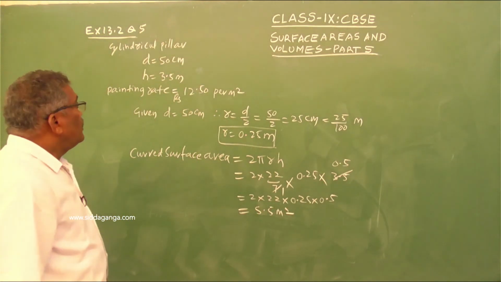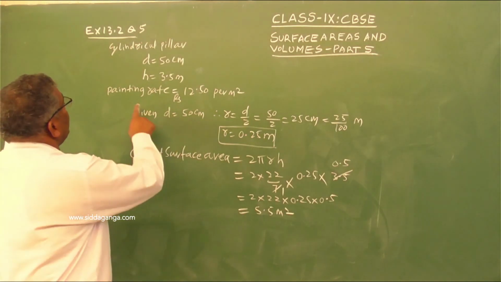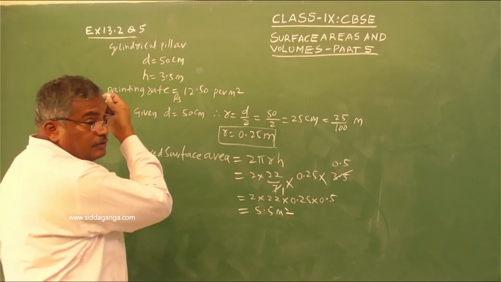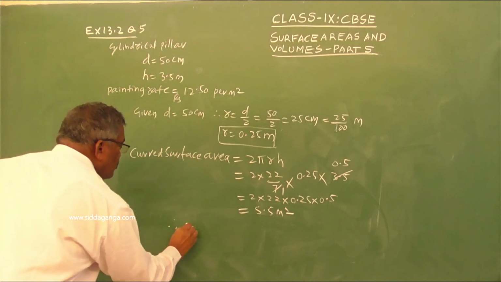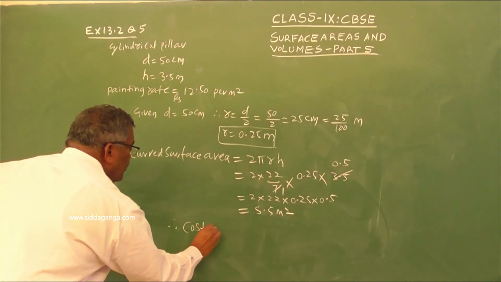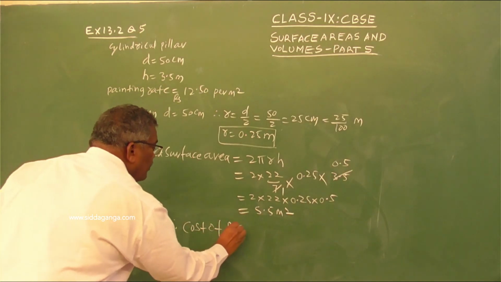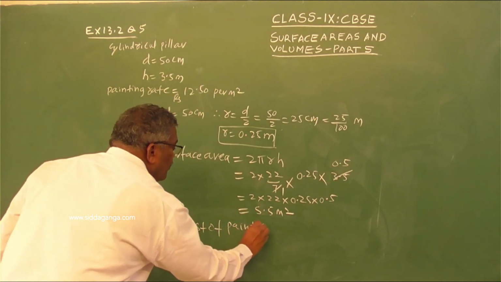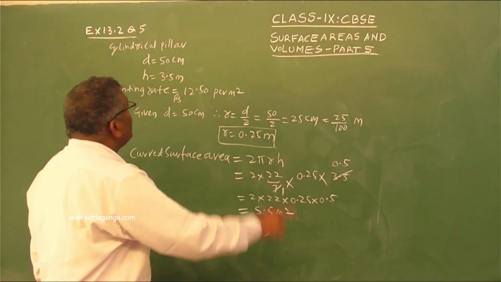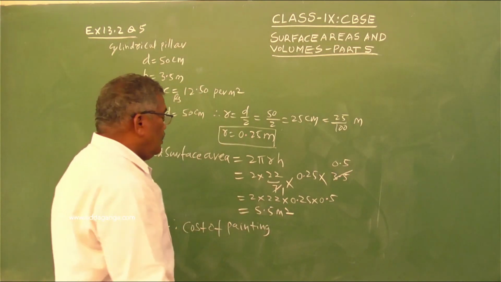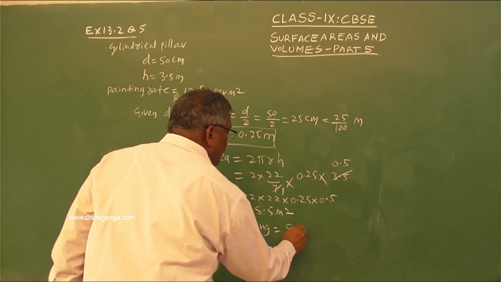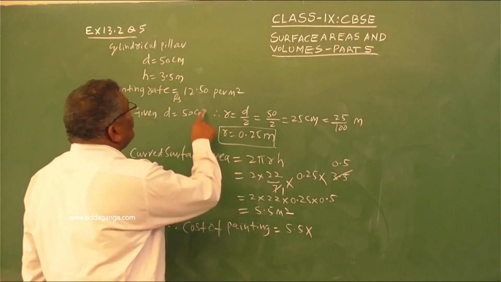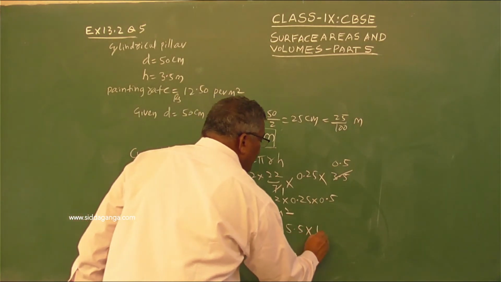5.5 meter square. So this is the total area, therefore cost of painting the lateral surface or curved surface equals 5.5 into rupees 12.50.